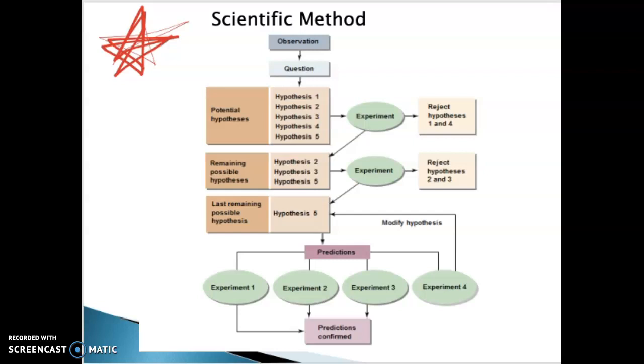All right, so we start with an observation. Something you witnessed, you experienced, some kind of event. Then you make a question. This is called a hypothesis, and you should have lots of hypotheses based on your question from your observation. You then design an experiment.